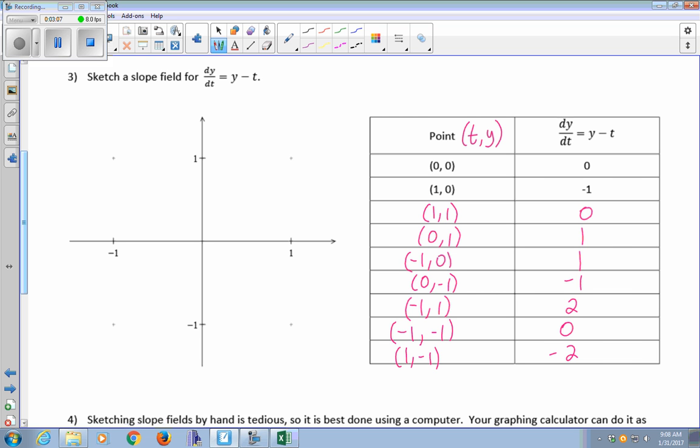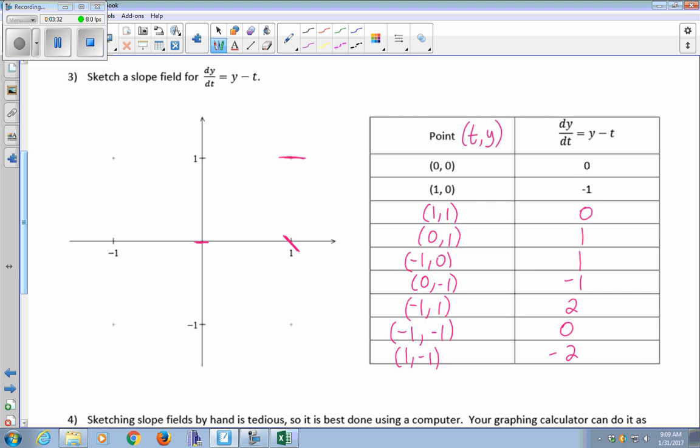So at 0, 0, my slope is 0. So I go to the point 0, 0, and I draw a flat little tangent line. Go to the point 1, 0, and my tangent line has a slope of negative 1. So you draw a little slope of negative 1 there. At 1, 1, this point in my graph, my slope is 0, so I draw a flat line.